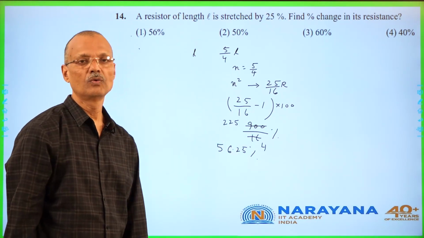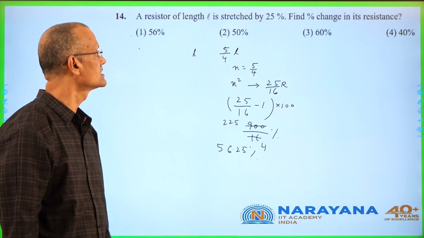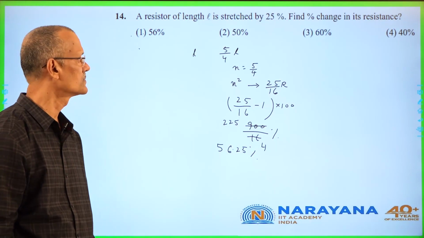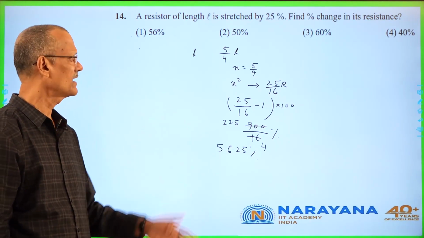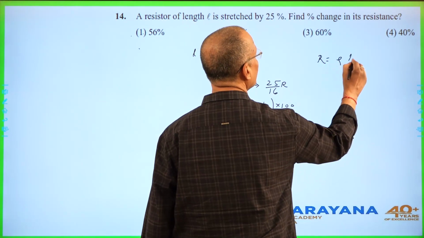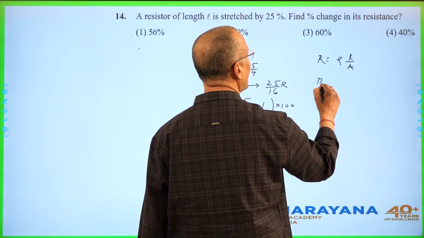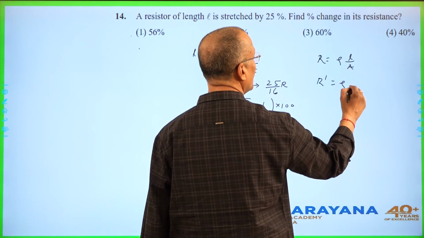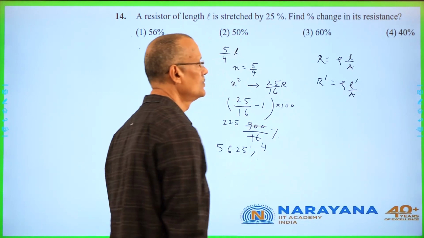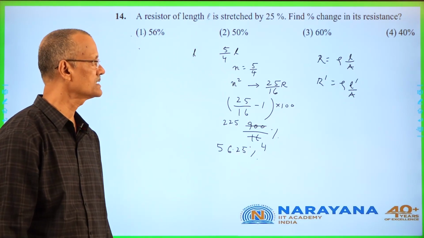Already you know when L is increased n times, resistance increases n squared times. The other way, directly you can do by taking R equal to rho L by A. R dash will be rho L dash by A, and already you know what to do for this.